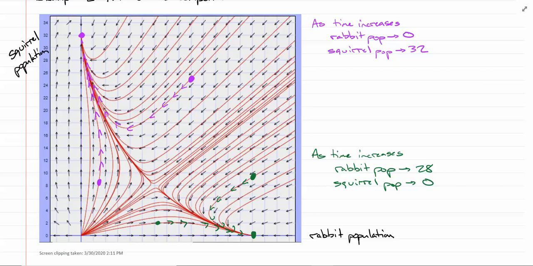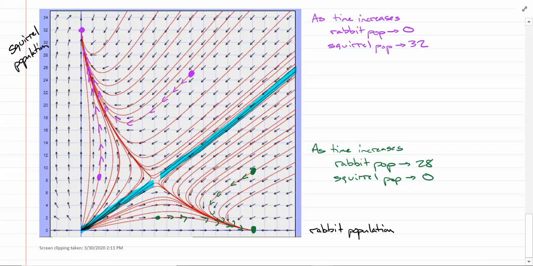Now, graphically, there's something really important that happens. If you click on enough of these solution curves, you'll notice that basically there's a couple of lines in here that approach, both of these lines approach that saddle point kind of in the middle. That blue line there is really important. It's called a separatrix.